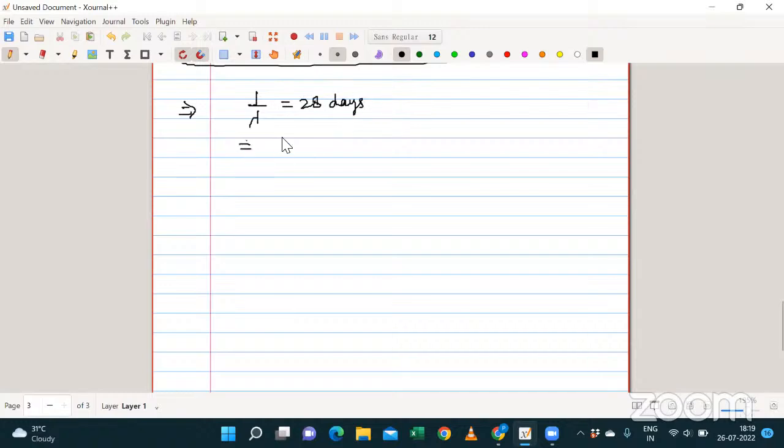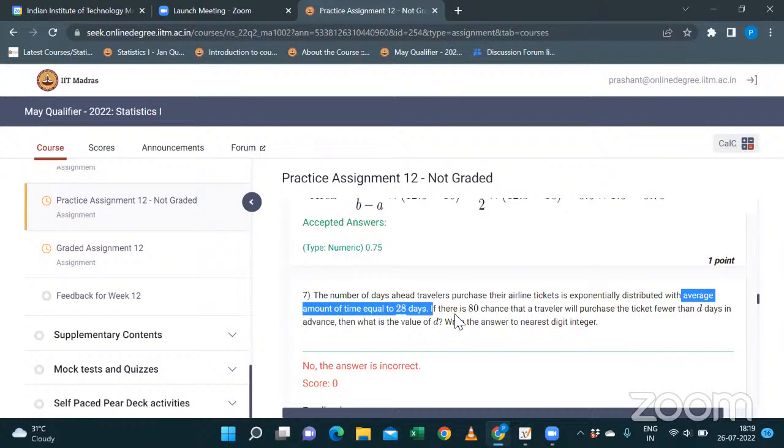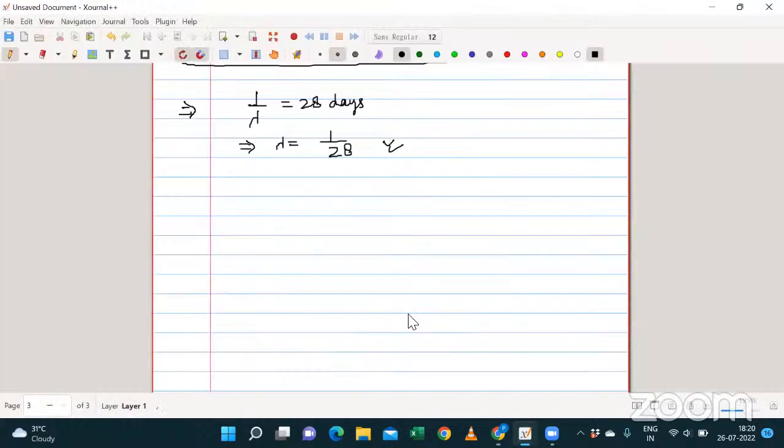That means my lambda is 1 by 28. Now, what is the question? The question is saying if there is an 80% chance, I think the percentage is missing, we will correct it, that the traveler will purchase the ticket fewer than D days in advance, then what is the value of D?